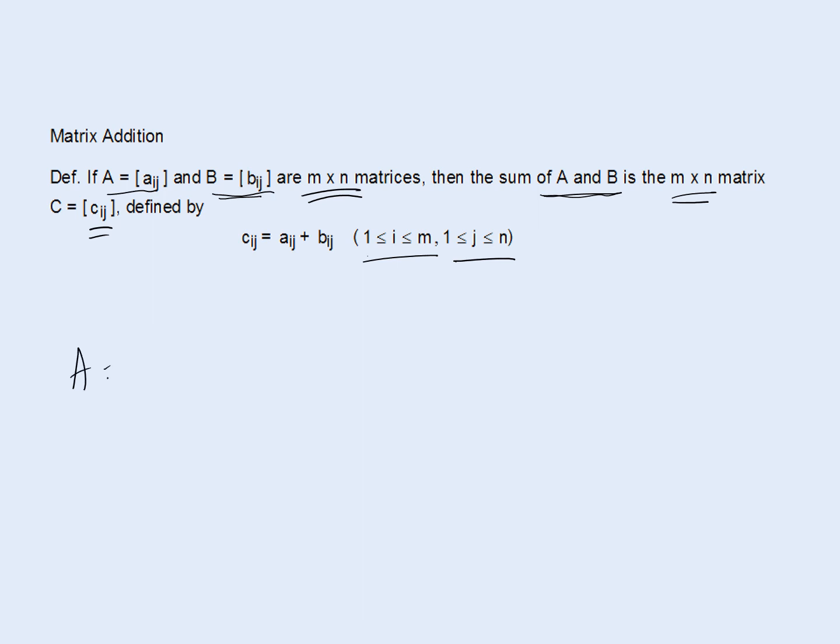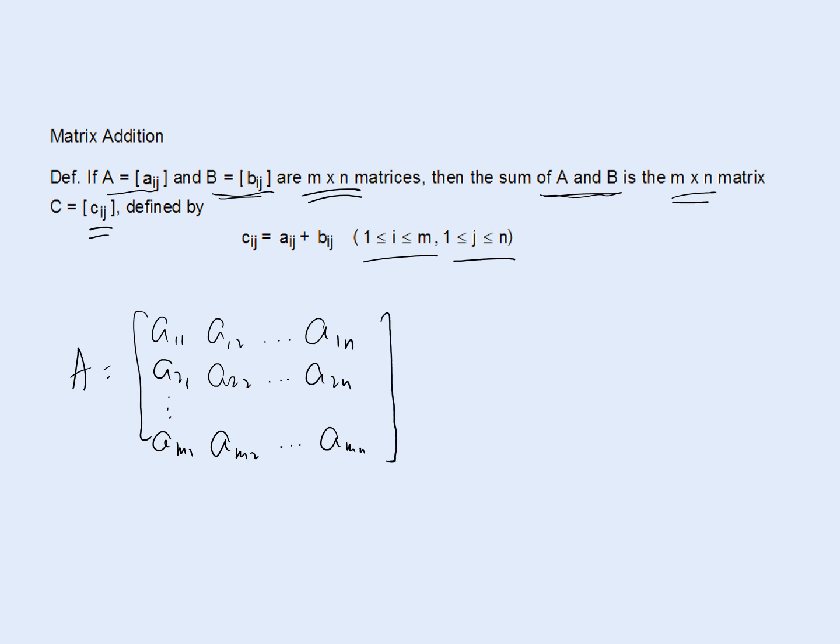Say for example, A is A11, A12 up to A1n, A21, A22 up to A2n, down to Am1, Am2 up to Amn.